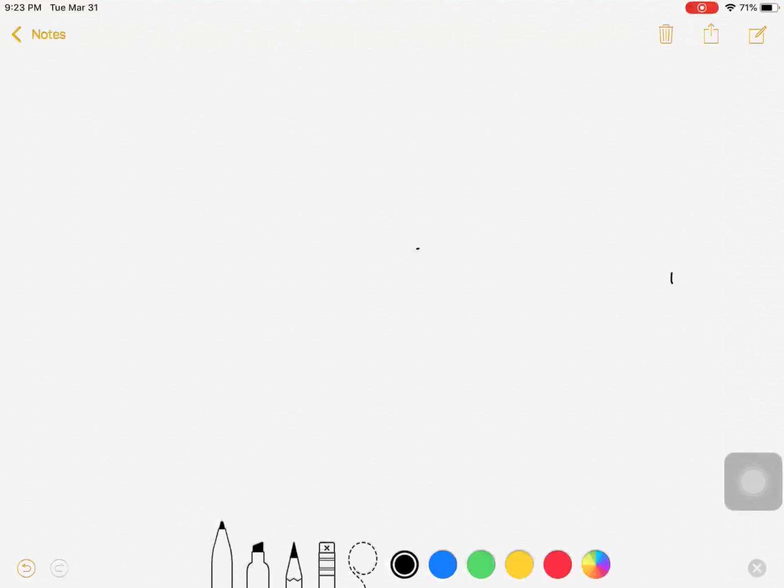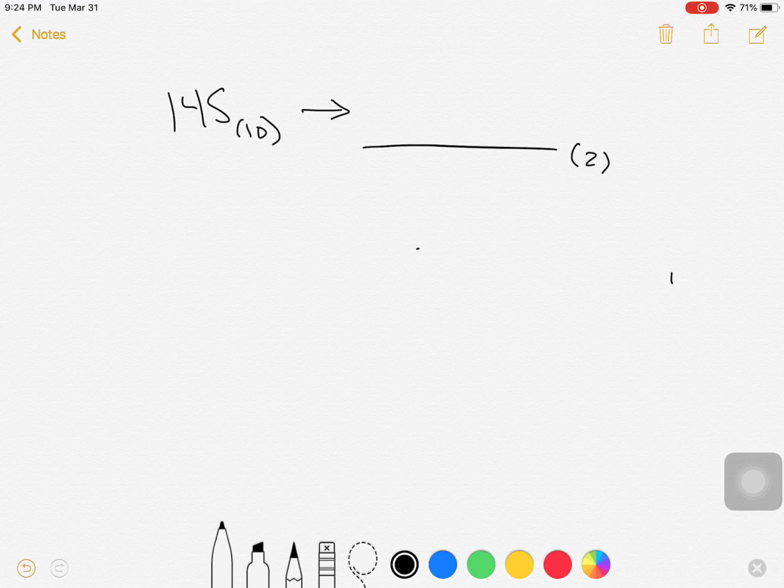So let's just pick a random decimal number. We'll say 145. And this is a base 10, it's a decimal number. Now we want to convert that to some number in base 2. And the easiest way to do this is to basically create a system of place values.